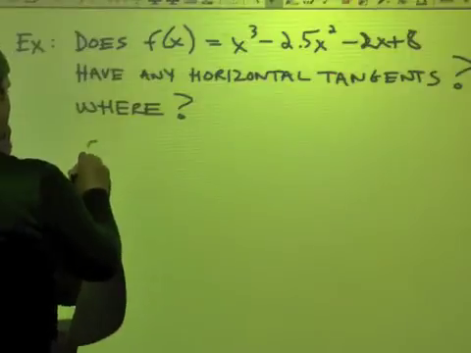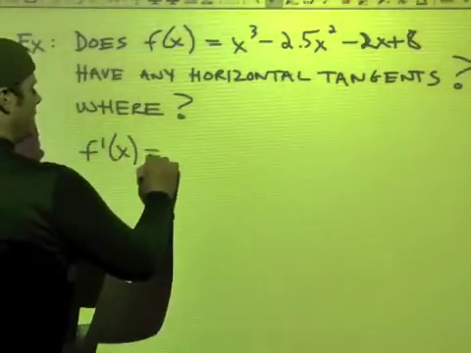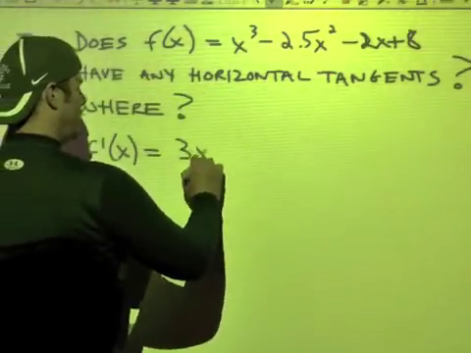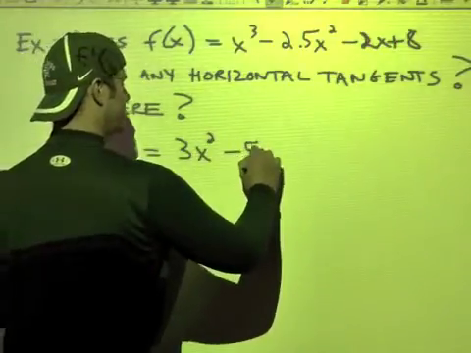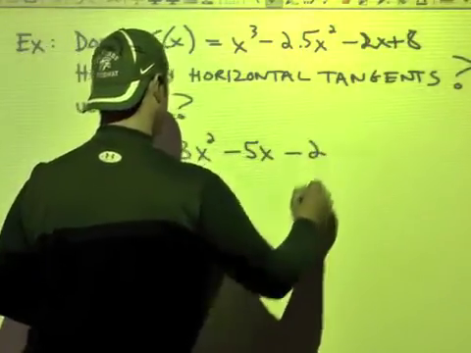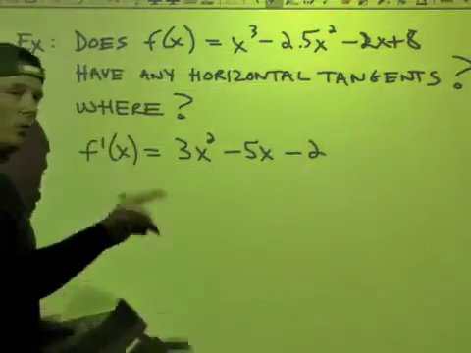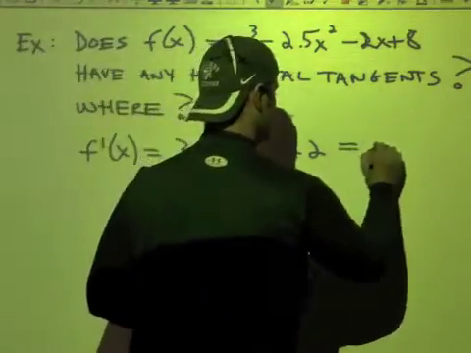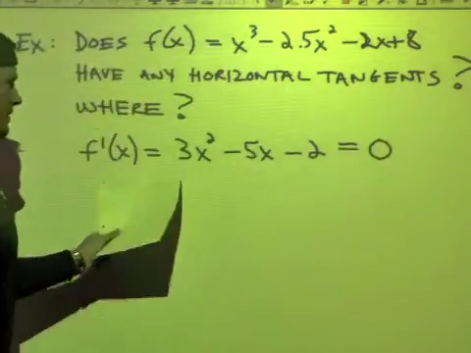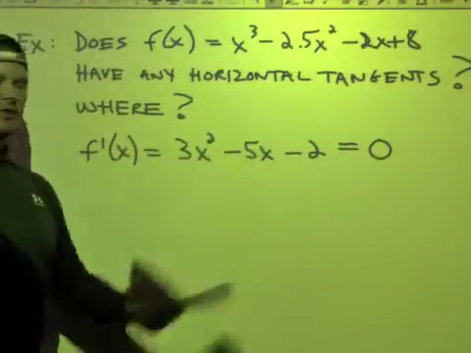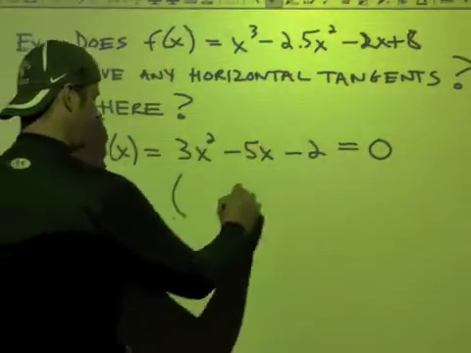We're going to take the derivative of the function using the power rules, 3x squared minus 5x minus 2. And we want to find out where is that slope equal to 0. And after we've done the derivative, it just turns into a quadratic. So we're going to factor this.